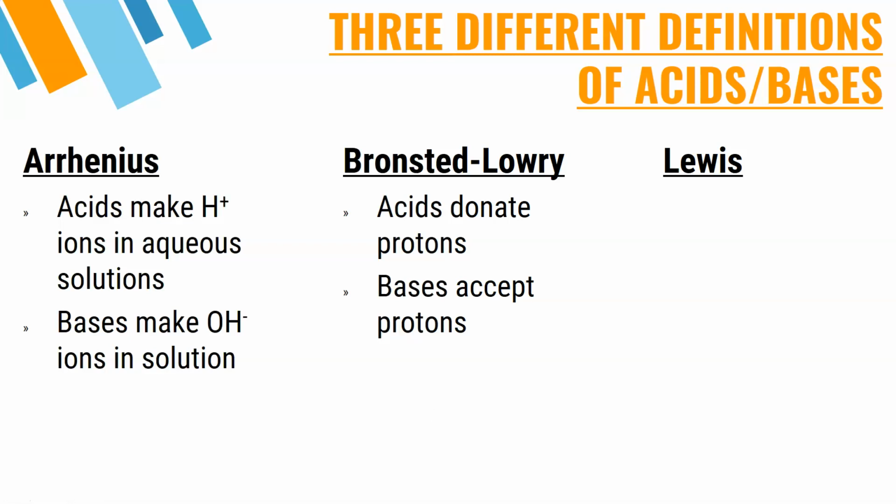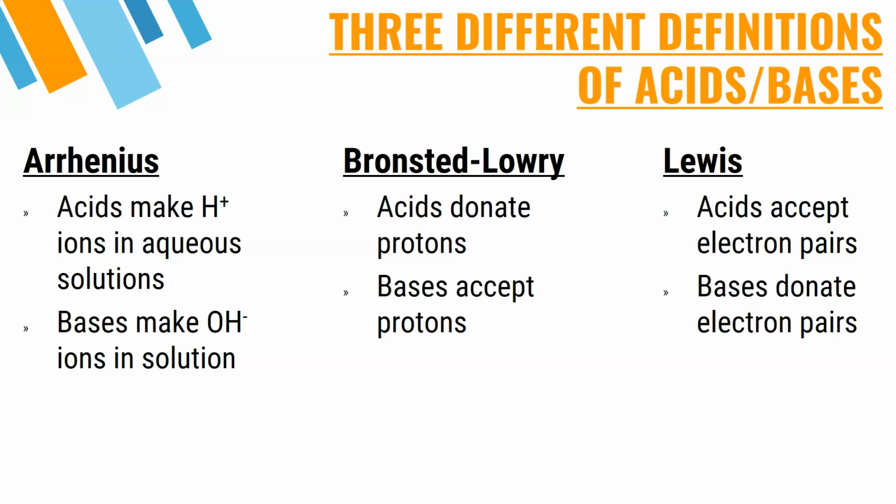However, the Bronsted-Lowry definition doesn't cover some of the really weird, more complicated acids and bases. For those, we need an even more generic definition, which is called Lewis acids and bases. A Lewis acid accepts electron pairs from other things, whereas bases donate those electron pairs.